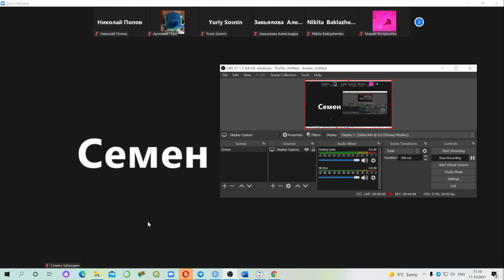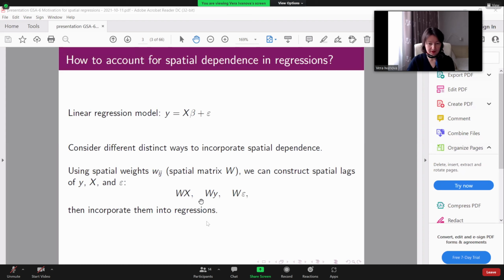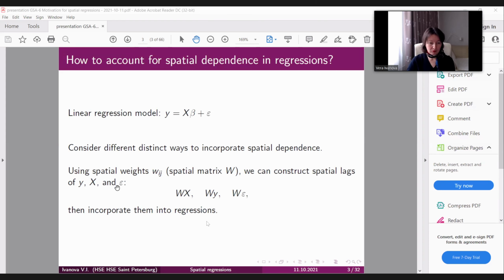Using spatial matrix, we can construct spatial lags for the dependent variable. Then we get Wy. For the explanatory variables, we get W multiplied by X, or for the error term, W epsilon. Then we can include these new terms into regressions.